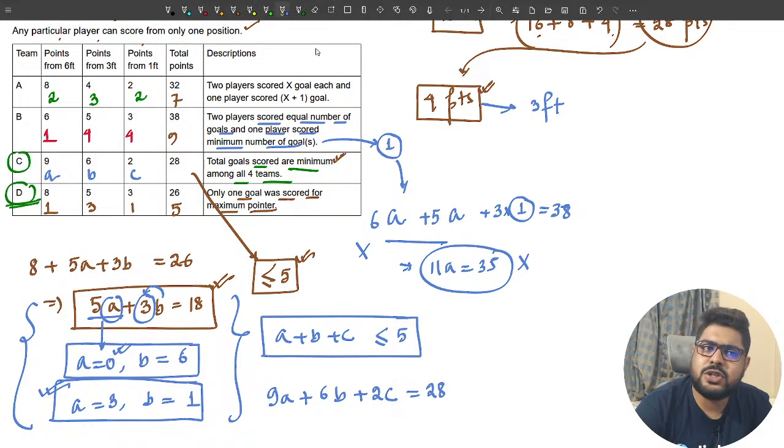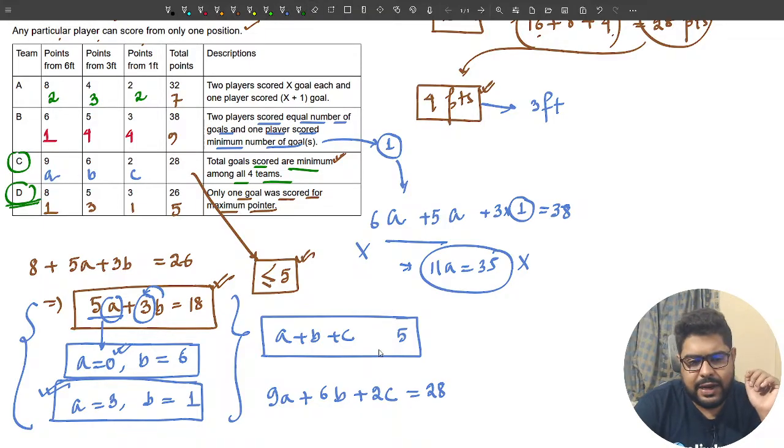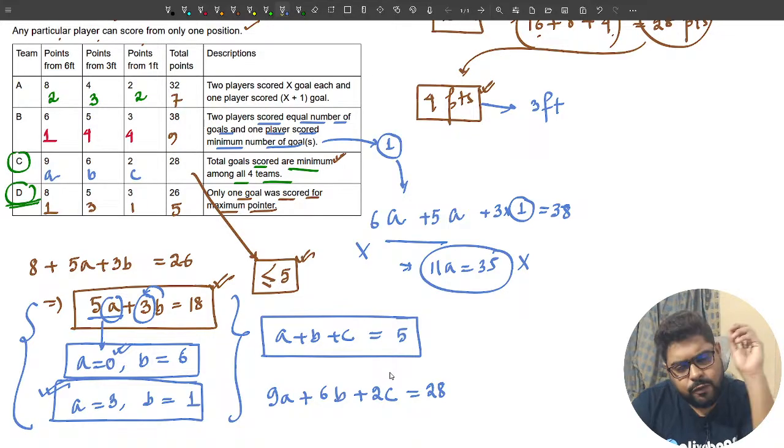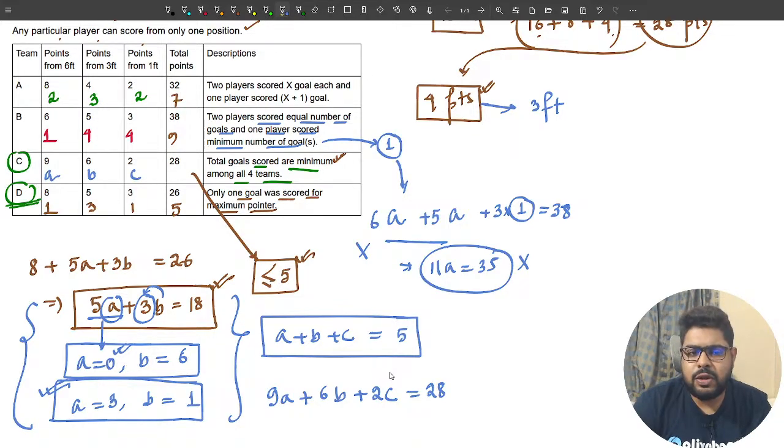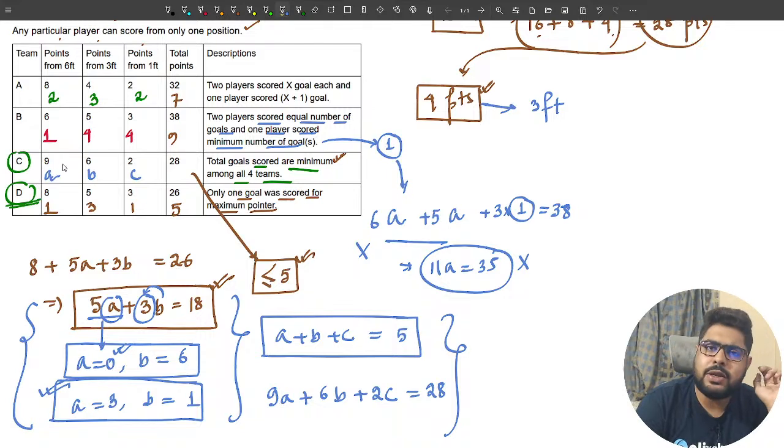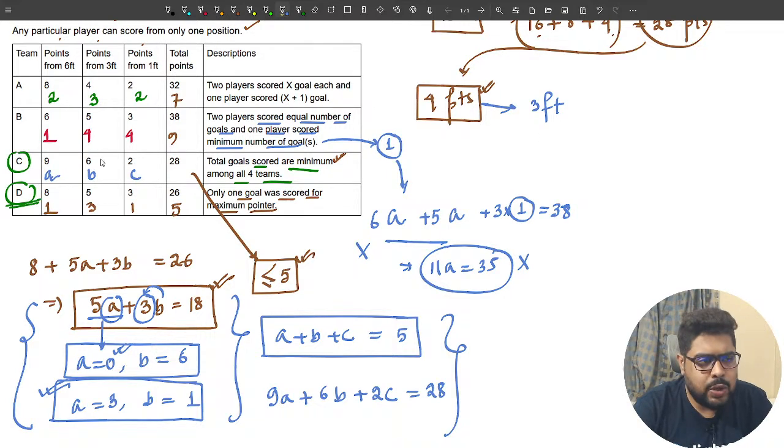Let's start with 5. Now, A, B, C values cannot be 0, so minimum they have to be 1. So if they are 1, then 9 points, 6 points and 2 points have been scored.